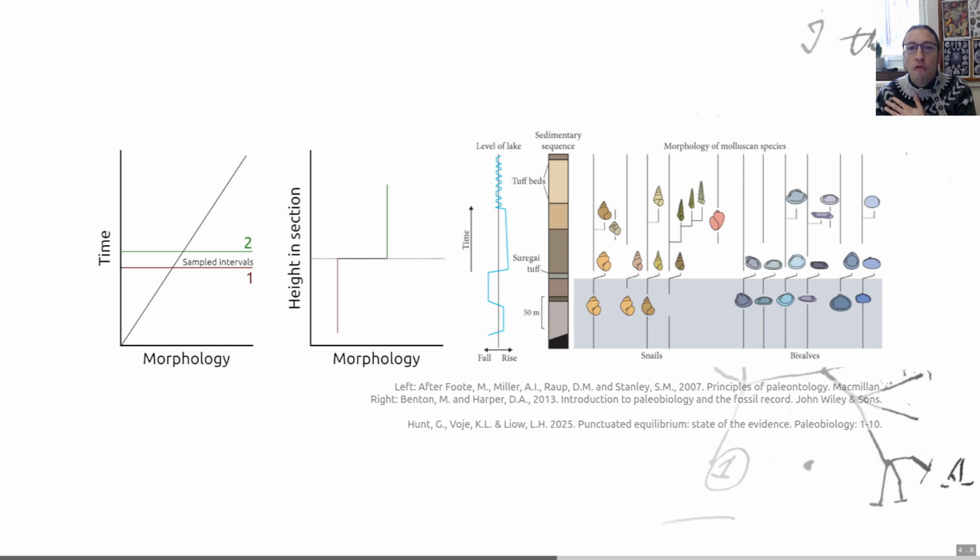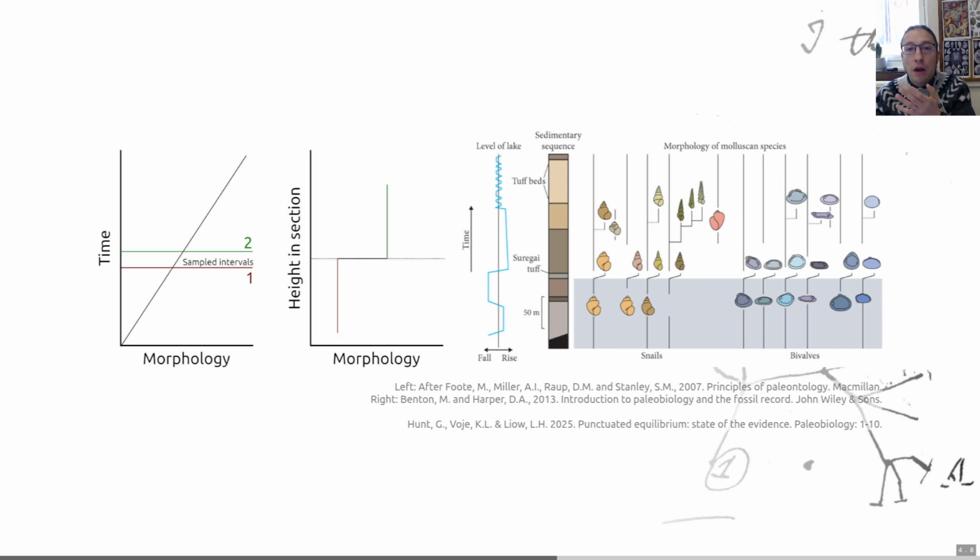And so really what we may expect, if you have small changes building up during a preserved species duration, but then a gap in the deposition of that rock, the change would accrue during that gap, and that would be observed as a discontinuity in sedimentary rocks and thus the fossil record.